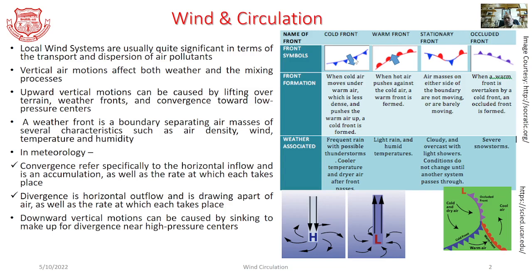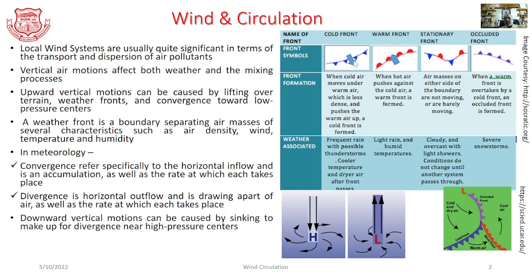Here what you see is a blue line with arrow-like triangles resting on that line. It indicates the direction of the cold mass moving towards the warm mass, as far as this first category, that is the cold front, is concerned.